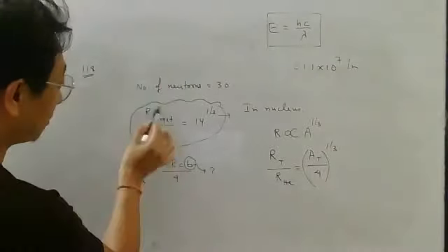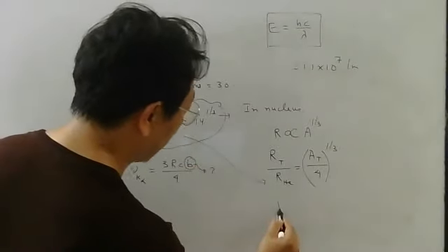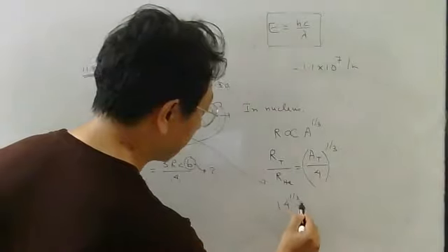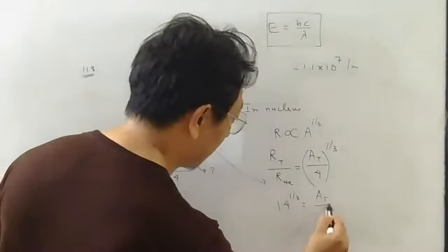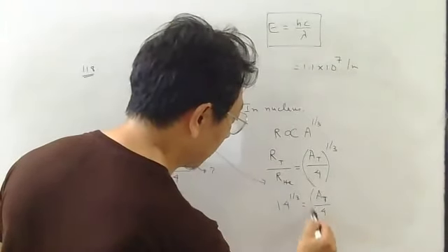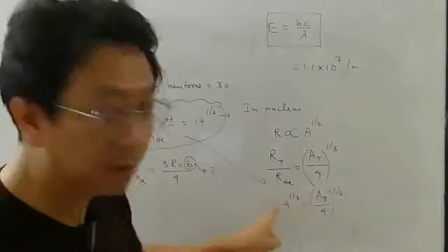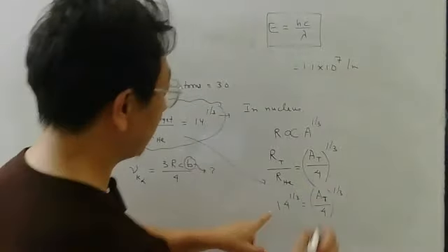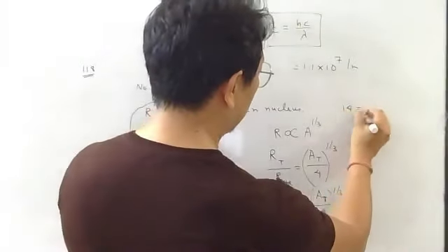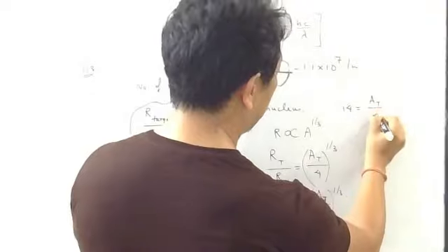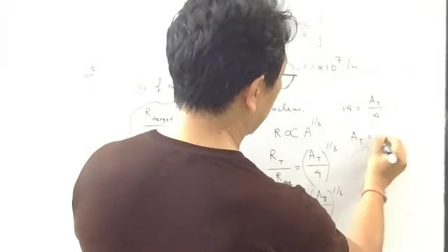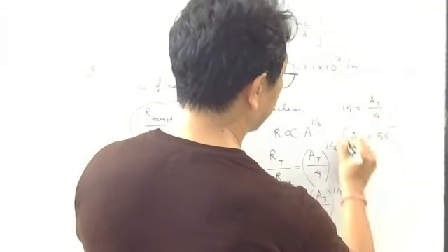Target we don't know which element it is, but helium we know mass number is 4. And they told this ratio is given 14 power 1 by 3. So mass number of target over 4, power 1 by 3. You can see both are power 1 by 3, so you can remove the powers. You will get 14 is equal to mass number of target by 4. So mass number of target will be 56.